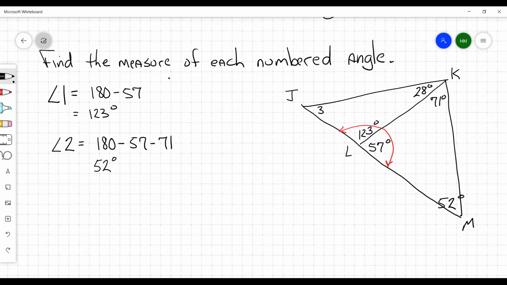And using that same technique, you can find the measure of angle 3. Angle 3 is going to be equal to 180 minus 123 minus this 28 degree angle. And I get 29 degrees.